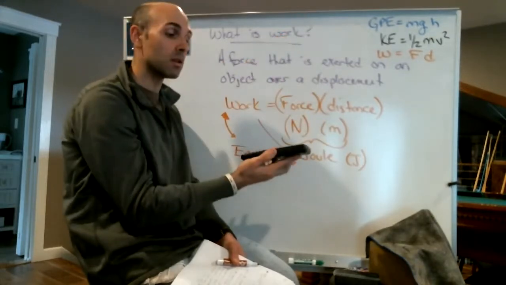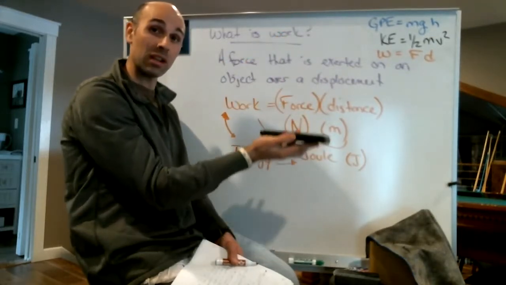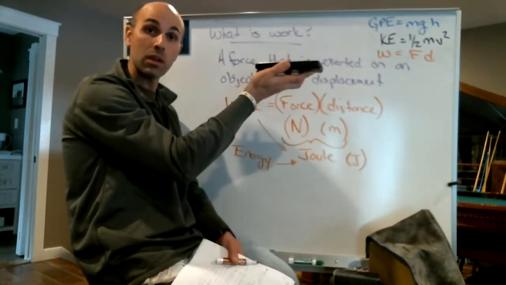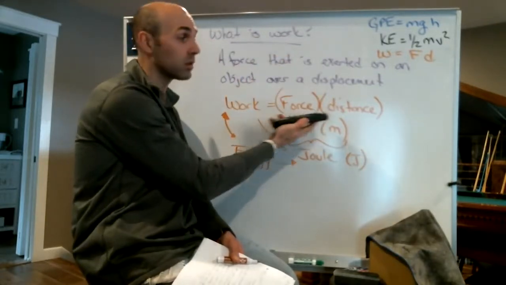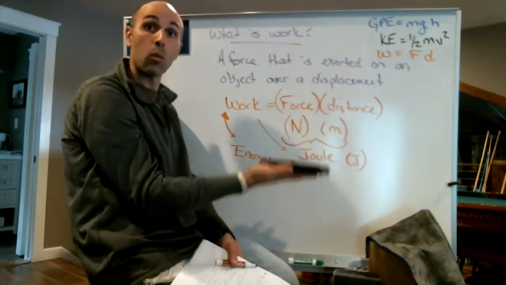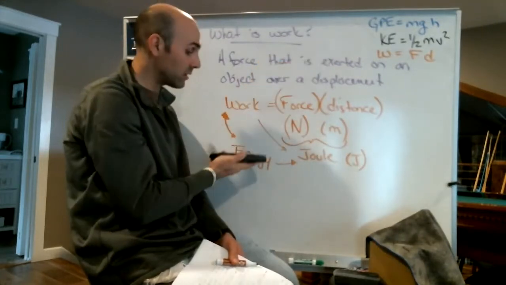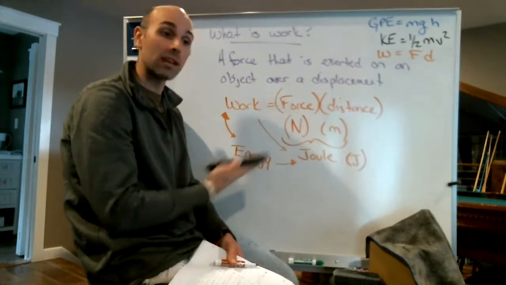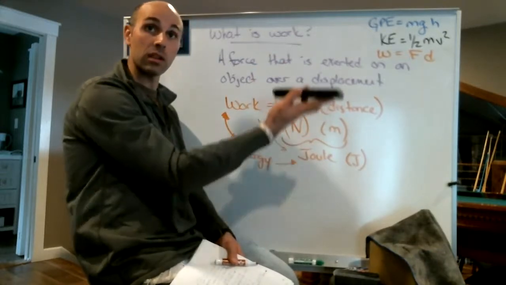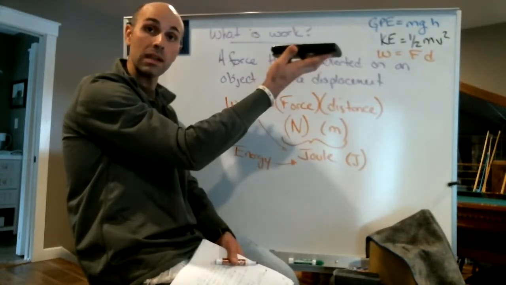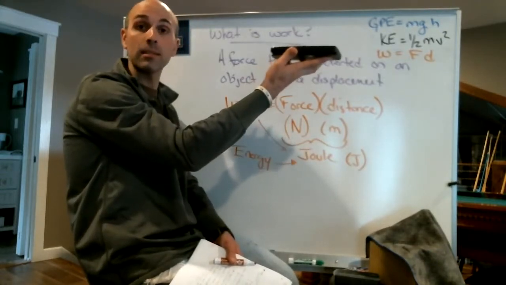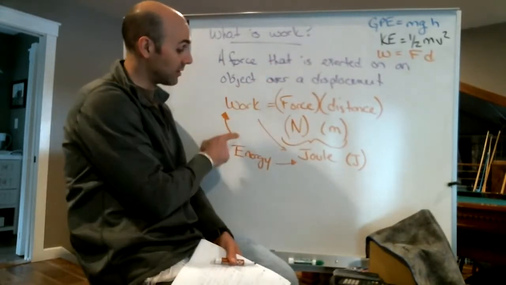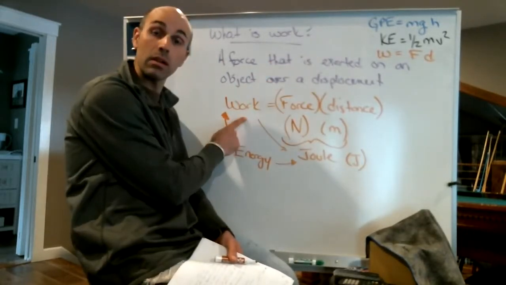I had to exert a force pushing it up against gravity over a certain distance, 0.5 meters. So I just exerted a force over a distance. I did work to give it gravitational potential energy. So in this case, the work that I exerted moving it up is the energy it now possesses. So in essence, what I'm trying to say here is that these two are the same.